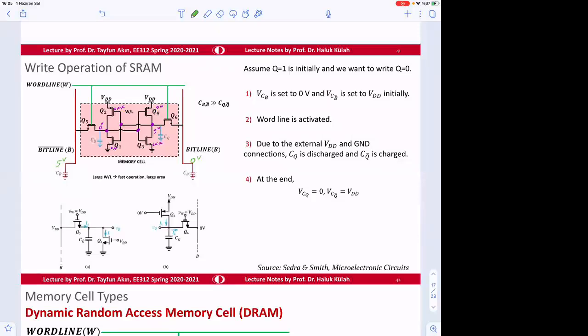Once we write that data, there's going to be a conflict, in fact. So for the bit line, this is going to be 0 volts, but this one is going to be on, and then this is 0 volts. So this is going to be 0 volt here. So what happens?